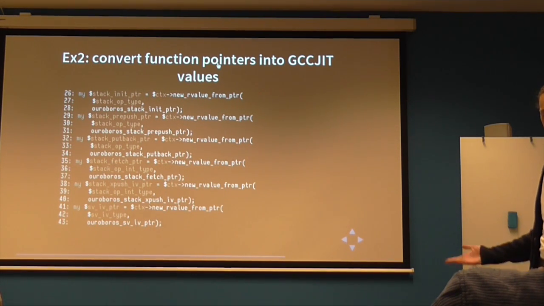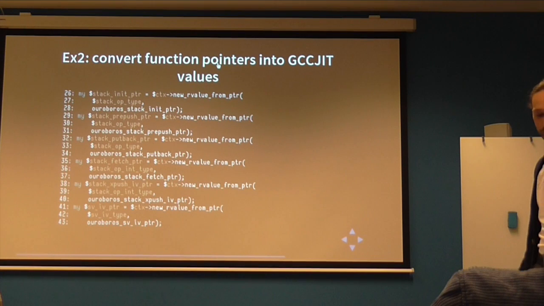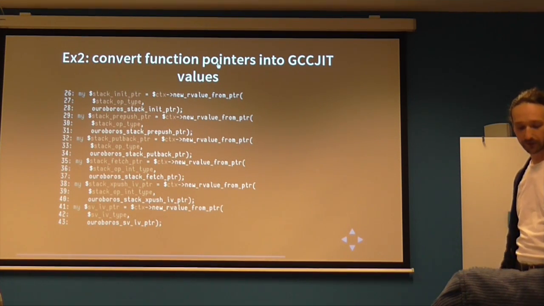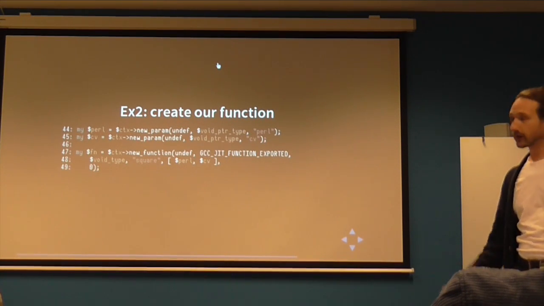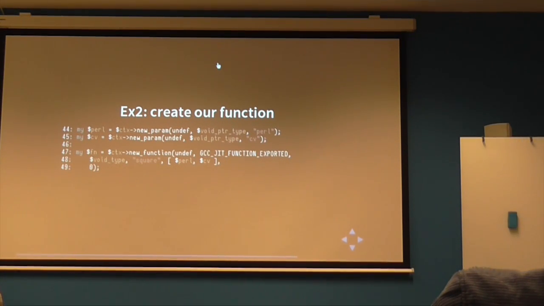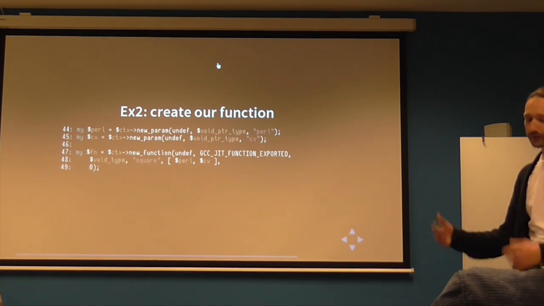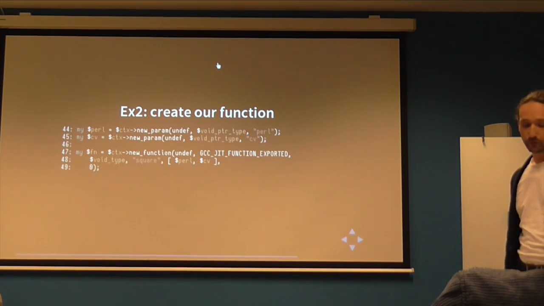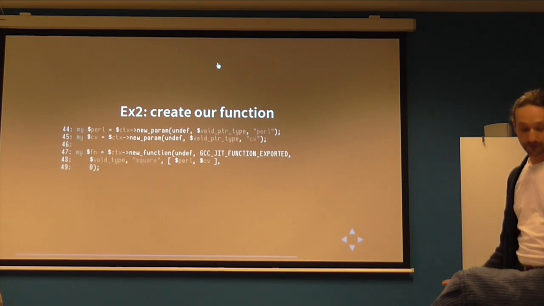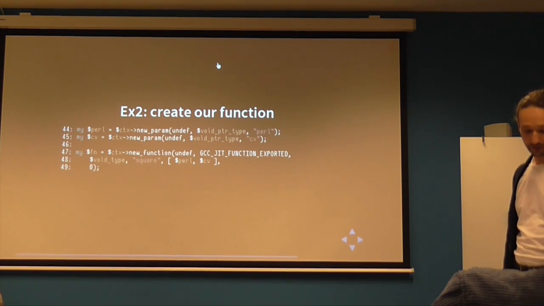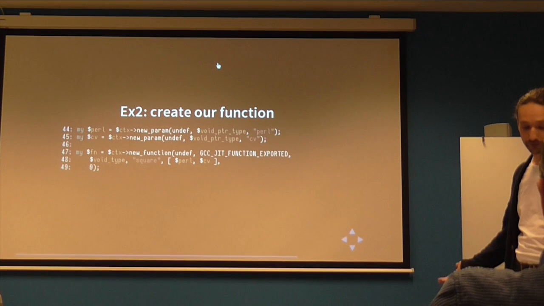So it's new_rvalue_from_ptr, and the pointer is just a number. And we use the several types we defined earlier. Next, we create our function, and as per XS it has to take two arguments, a pointer to Perl and a pointer to the CV that represents the function inside. And it returns void, it returns nothing.